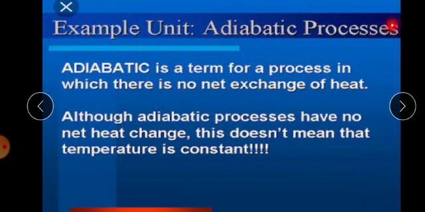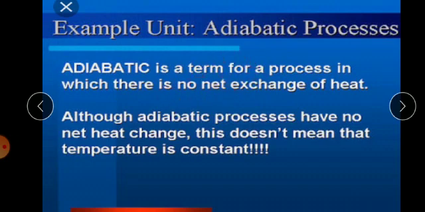Next one, adiabatic process. Adiabatic is a term for a process in which there is no net exchange of heat into or out of the system. This is known as an adiabatic process.